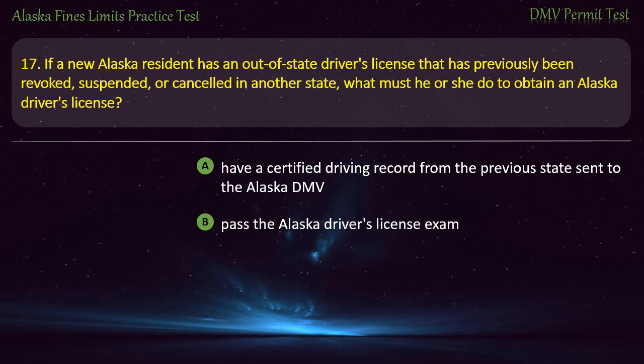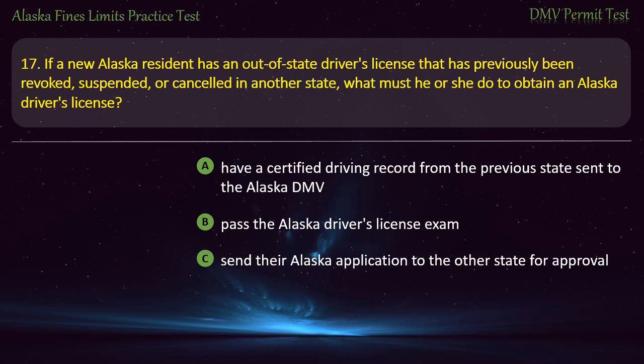Pass the Alaska driver's license exam. Send their Alaska application to the other state for approval. Pay a special application fee. Answer. Have a certified driving record from the previous state sent to the Alaska DMV.